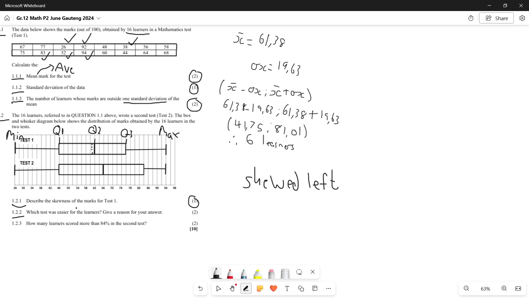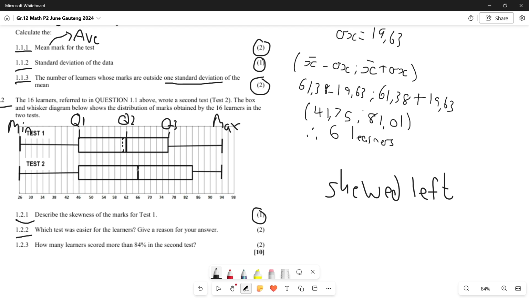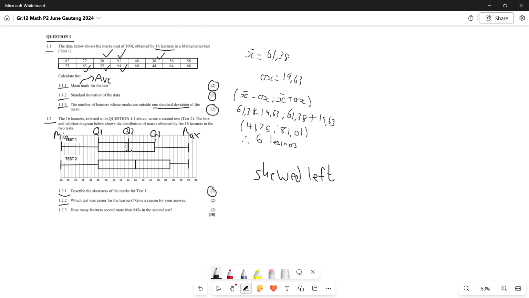Which test was easier for the learners? Give a reason. What we're going to look at is the Q2 for test 2 and the Q2 for test 1. Q2 for test 2 was 66 and Q2 for test 1 was 62, which means that the test that was easier would be the test where the middle value, or at least most of the people, got higher marks.